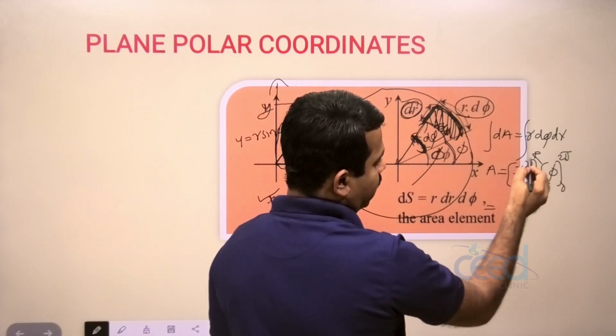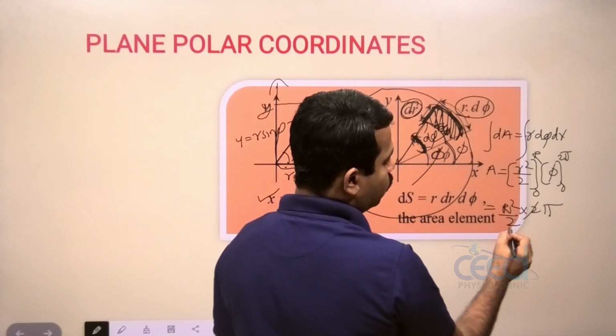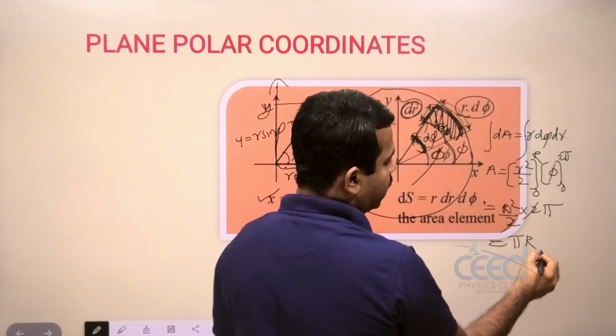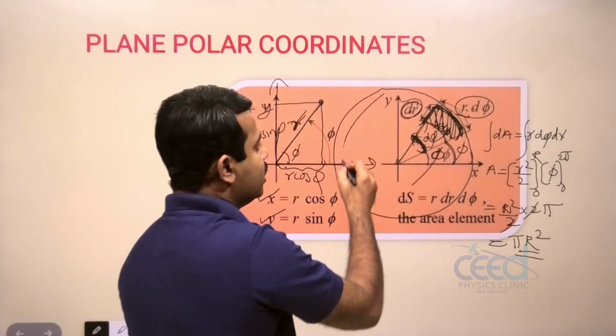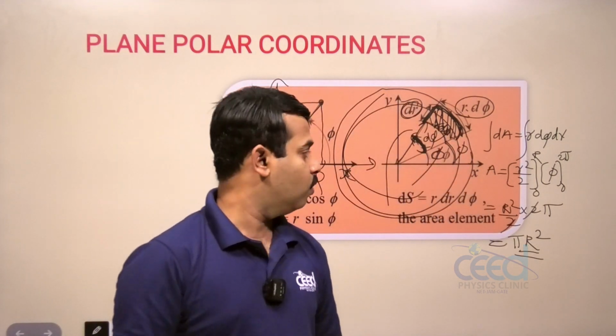That means r square by 2 into 2 pi, the 2s cancel, and I get pi r square. Then I got the complete area of the circle.